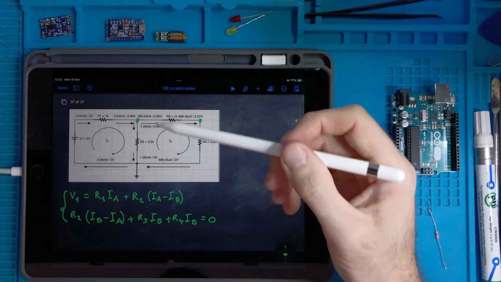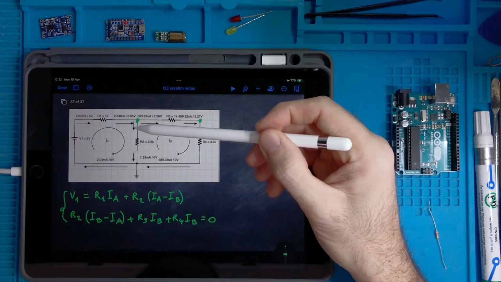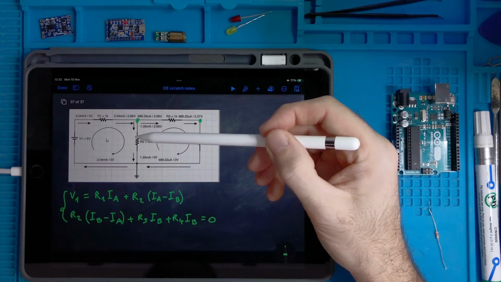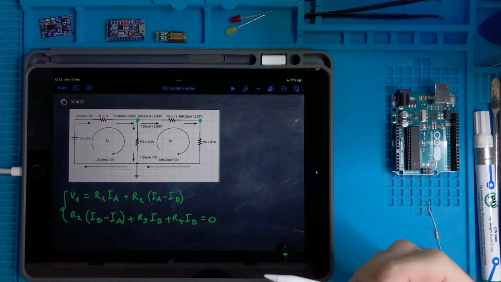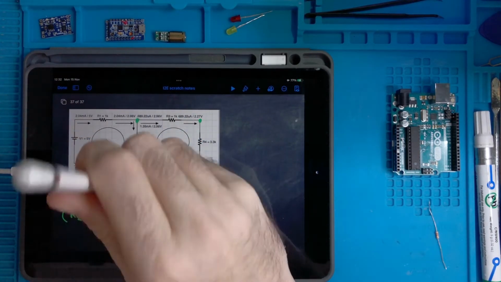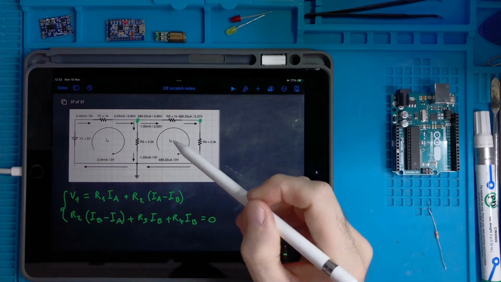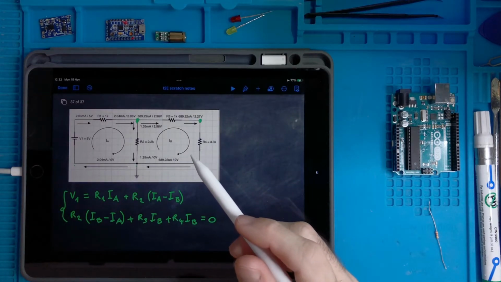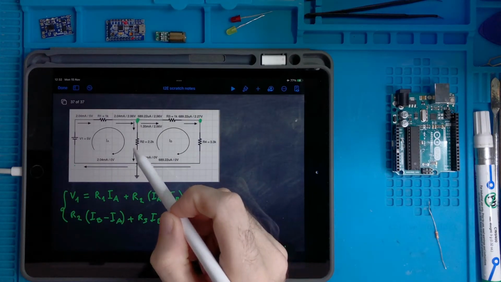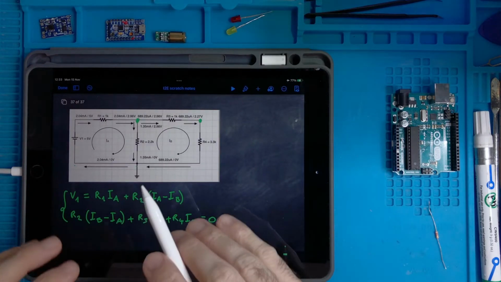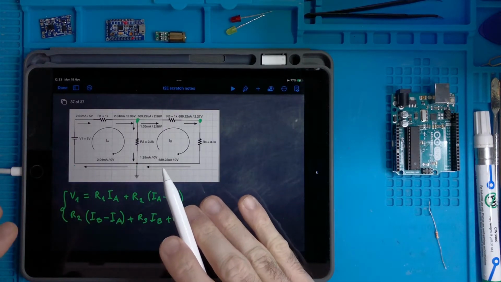Of course I can also calculate the current inside R2, because it's IA minus IB or IB minus IA, and then I have to be careful to decide which is the direction, if it goes up or down, according to the sign of the current I defined from the very beginning. But the magnitude of that current is the difference between the two. So if I know IA and IB, I can know whatever quantity I want to know in this circuit.